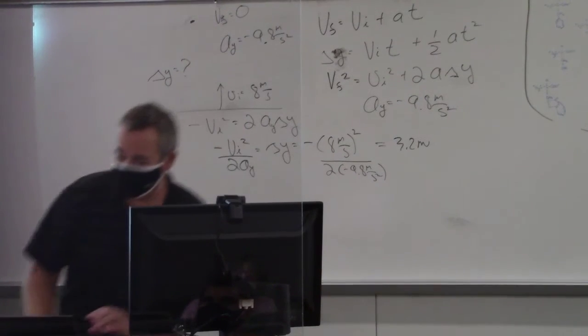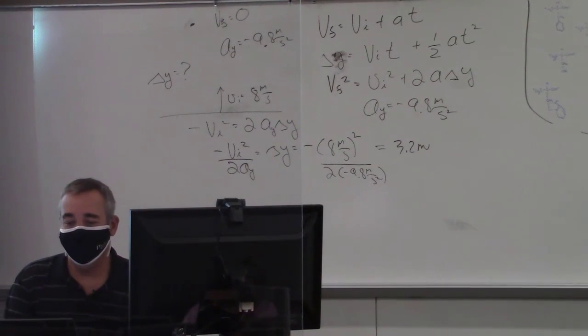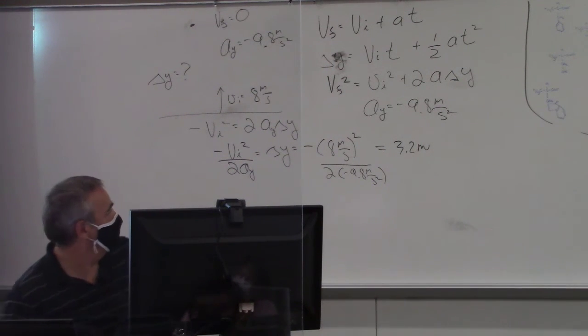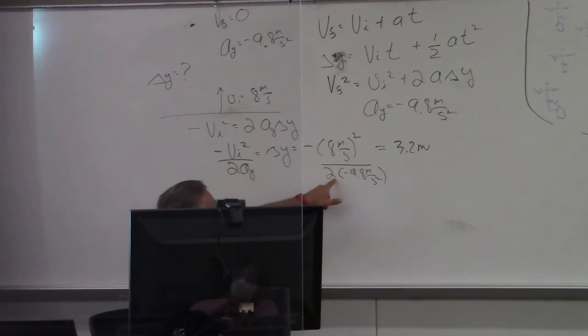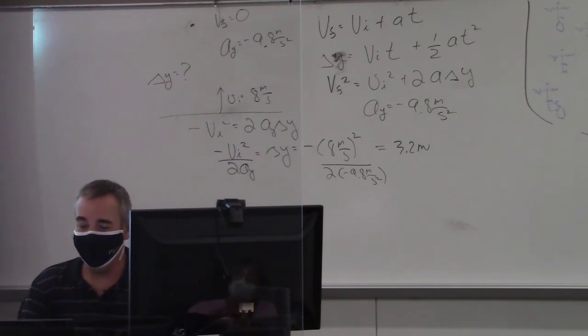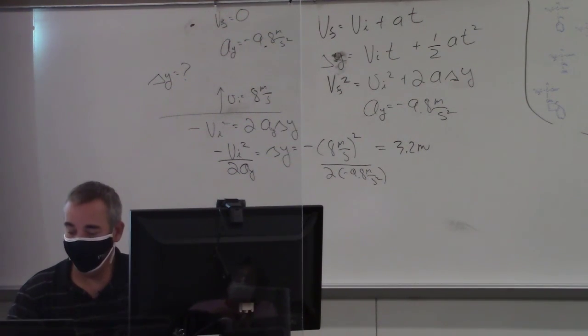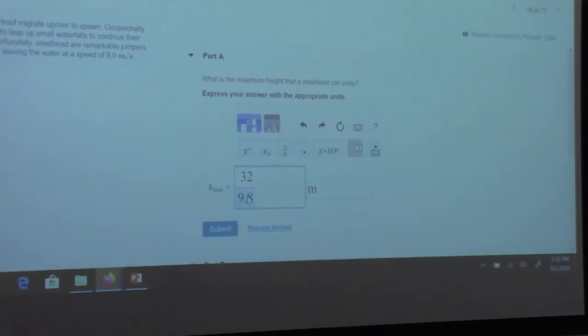What I was going to show you though is I clicked in here. I might be able to do this. So this would be 64 over 2, which would be 32. It might not let me do this, but let's see if it does. So really it's negative 32 divided by negative 9.8.